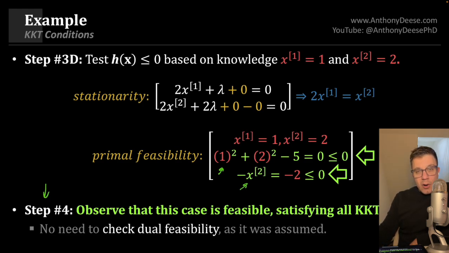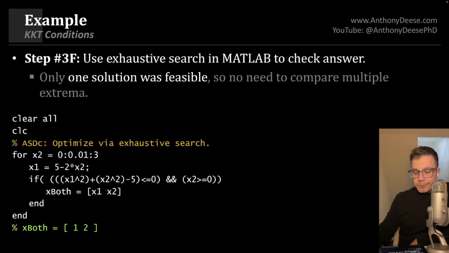It satisfies all the KKT conditions. There's no need to check dual feasibility because we already assumed that both of those values were equal to 0. And then last step here, it's not really 3F, I guess it would be 6, but I did use an exhaustive search in MATLAB just to check our answer, just to hedge our bets. And it did yield the same solution of 1 and 2.